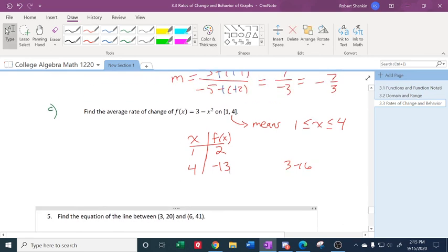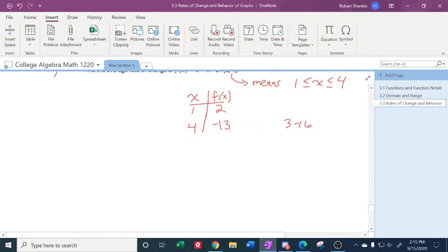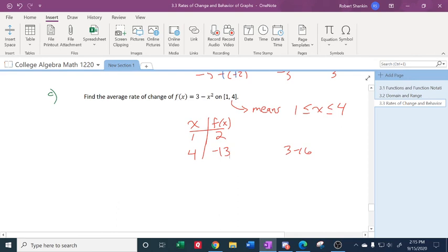And then I am going to say that my average rate of change is the same as the slope, which is negative 13 minus 2, the difference in the y coordinates over the difference in the x coordinates.